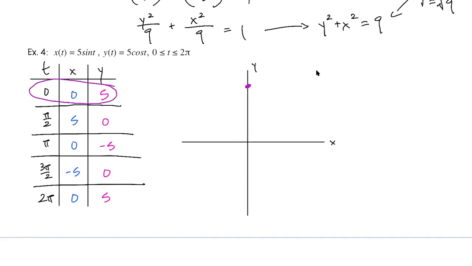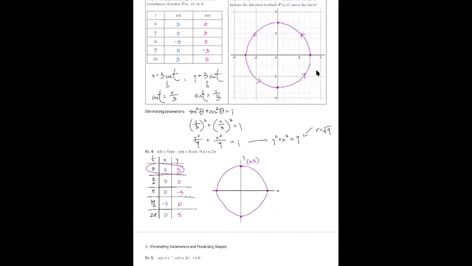Now, once you plot that first point, the second point gives you the direction: 5, 0, 0, -5, -5, 0, and back to where I started. So as I draw this, the shape might not be different than the previous one, but in our previous diagram, we went counterclockwise, whereas in this one, we want to go clockwise.